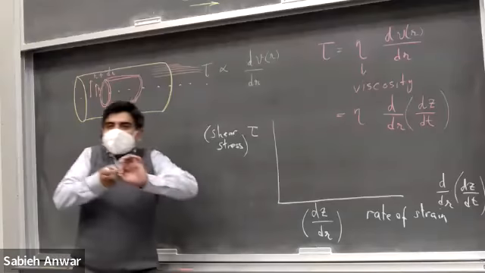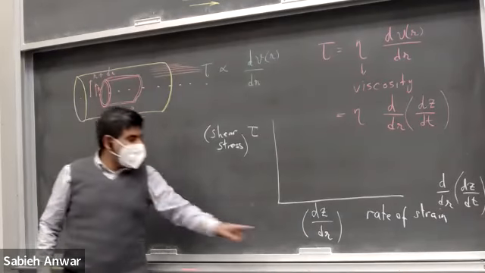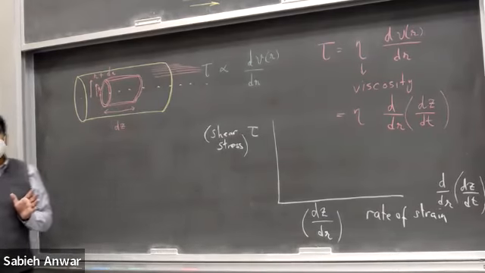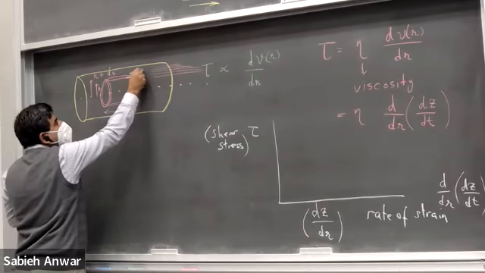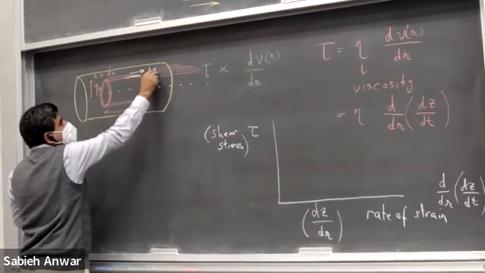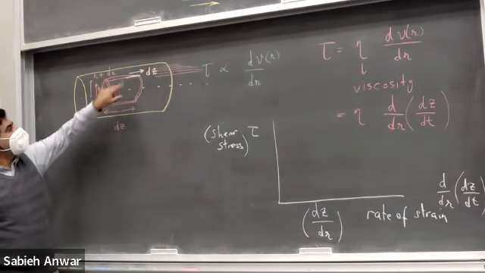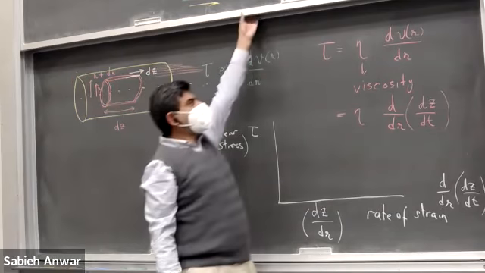What is dz by dr? dz is the displacement of a layer of fluid, and r is a characteristic length scale in this object. So if I consider a layer here, this is moving through a displacement dz, and the characteristic dimension of this layer is this distance r. That's exactly what we have over here.